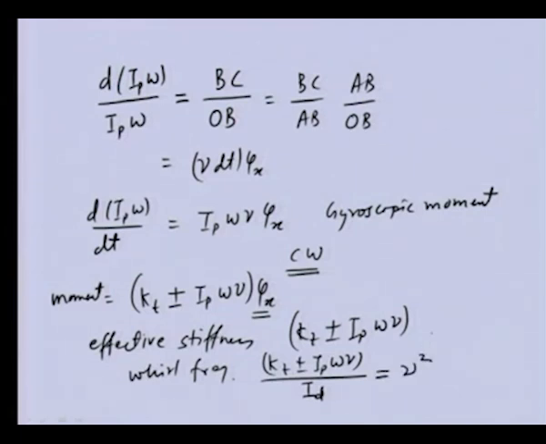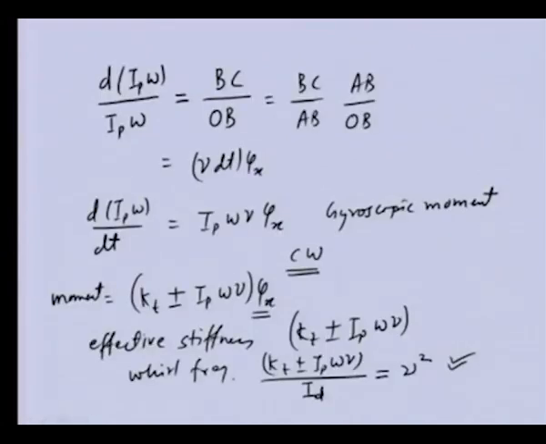So, we know that the natural frequency square is stiffness by mass. So, this particular equation will give us a quadratic equation in terms of nu, and this can be solved in closed form.